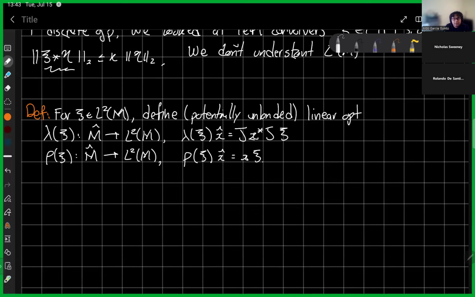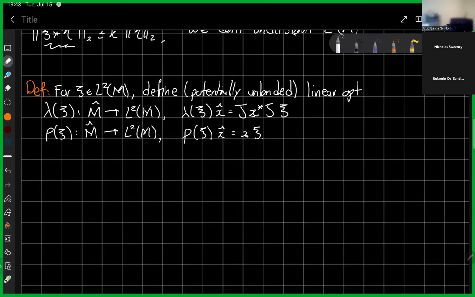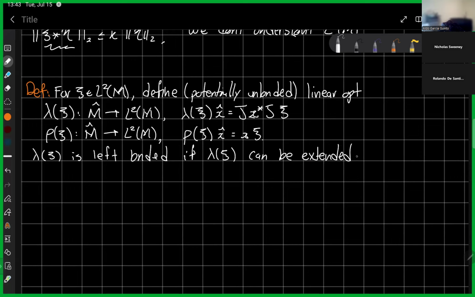And in the same light as left convolvers, we call lambda c left bounded if lambda c can be extended to an operator on L2. And similarly, right bounded.